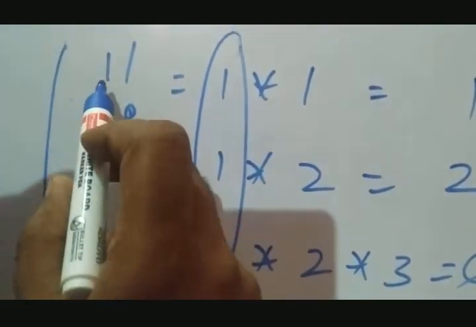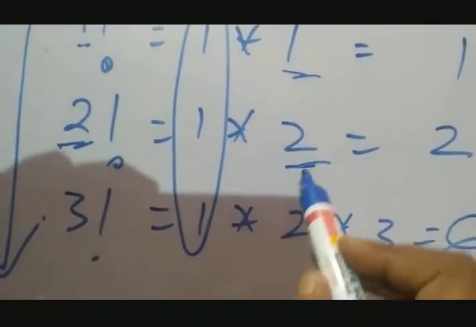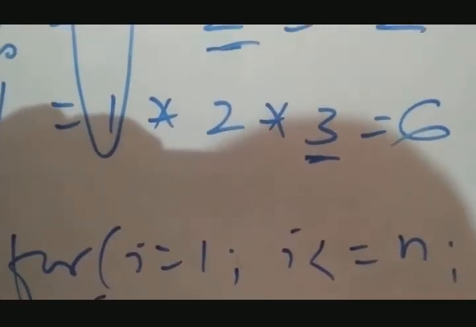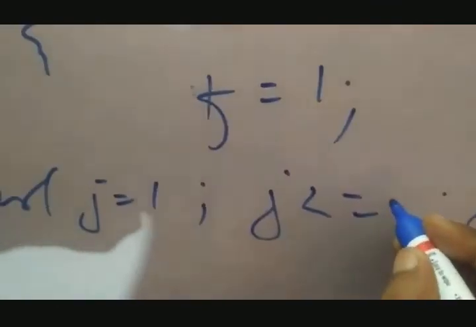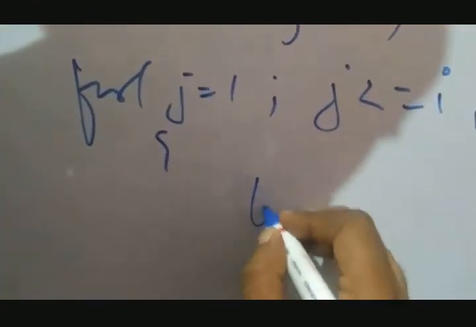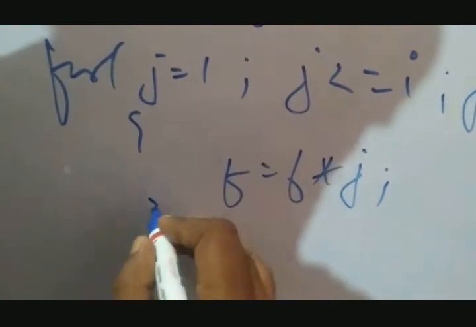Now up to what does the j loop run? If the number is 1, j runs up to 1. If the number is 2, j runs up to 2. If the number is 3, j runs up to 3. So j less than or equal to i. And in this j loop only you are finding the factorial, so f equals f into j.